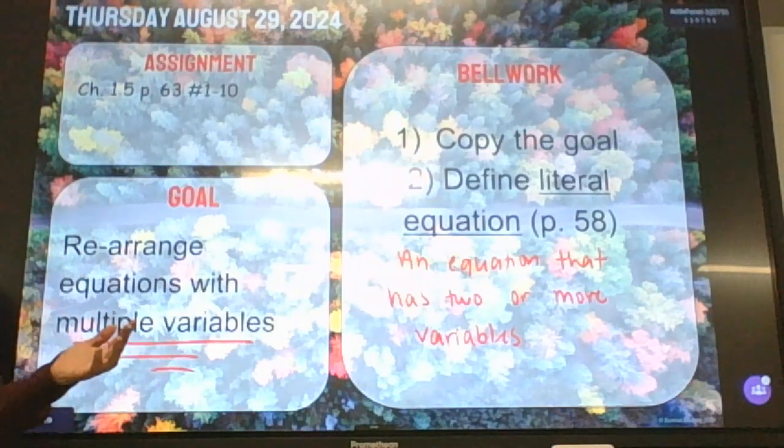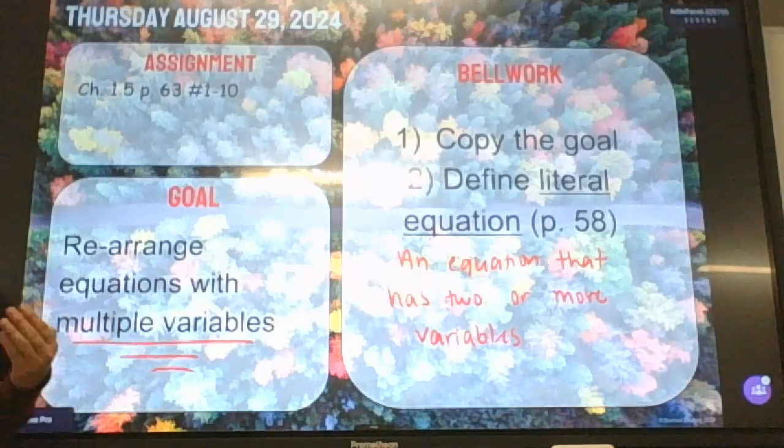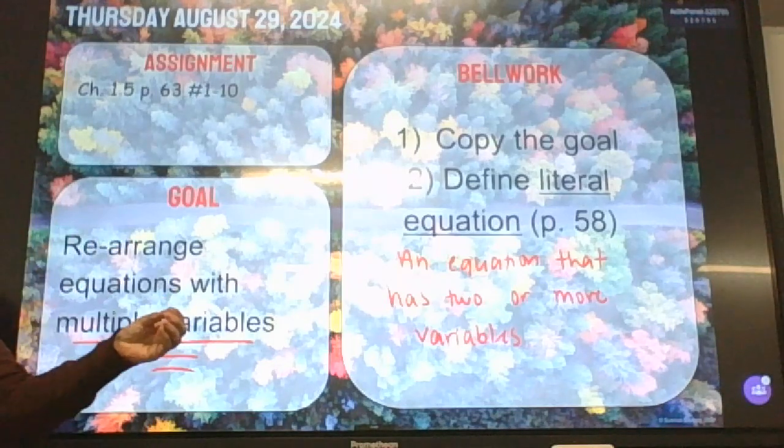A really famous literal equation, it's so famous, it's called a formula, is D equals R times T. That's distance equals rate times time.